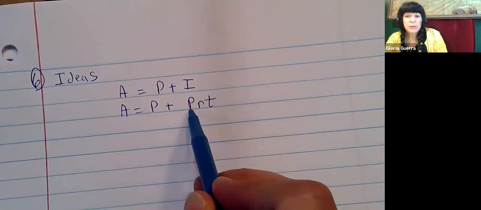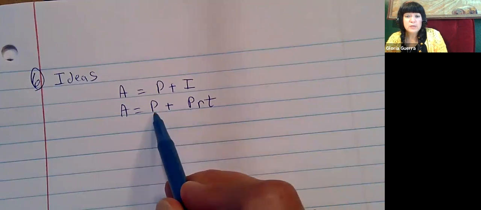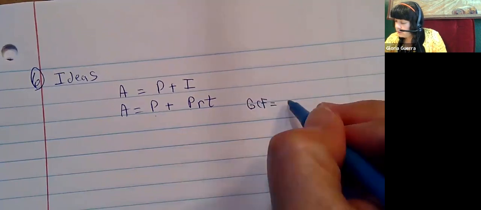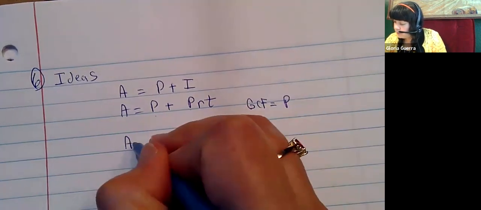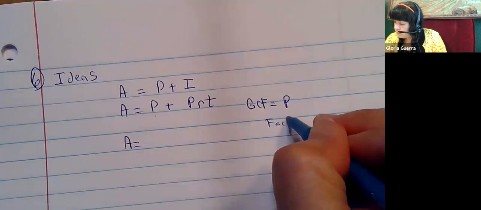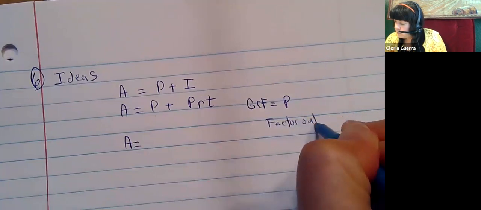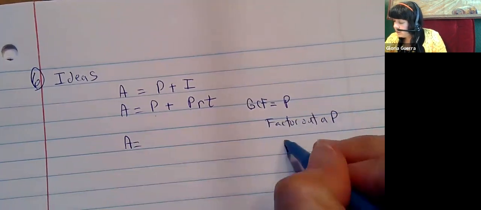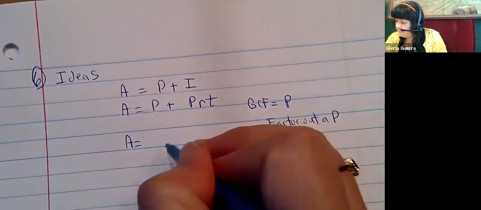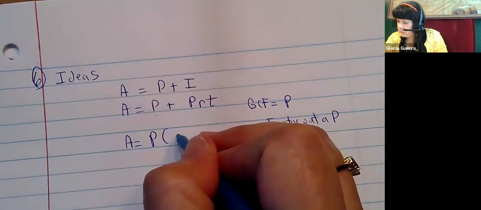And then I just want to show you about factoring. You can factor out a P from both of these, a greatest common factor. So I factor out a P. In other words, I take P and I divide by P. That gives me 1.